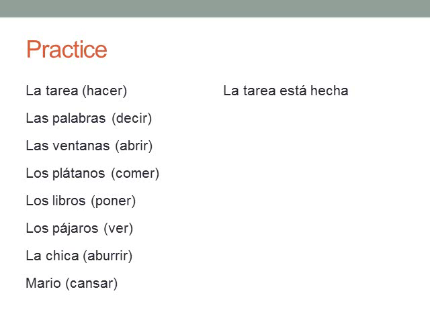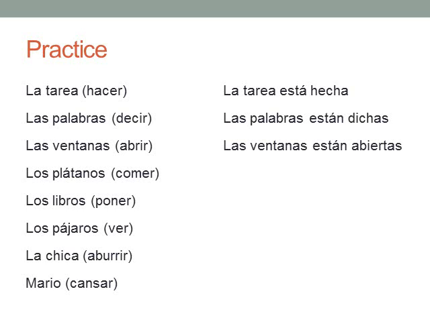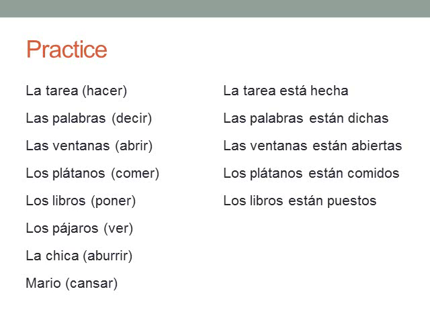Okay, we're going to take a look at these. Las palabras están dichas. The words are said. Las ventanas están abiertas. The windows are open. Los plátanos están comidos. The bananas are eaten. Los libros están puestos.